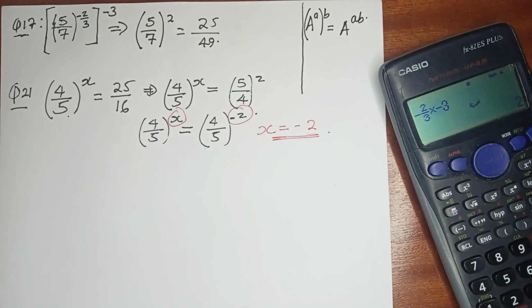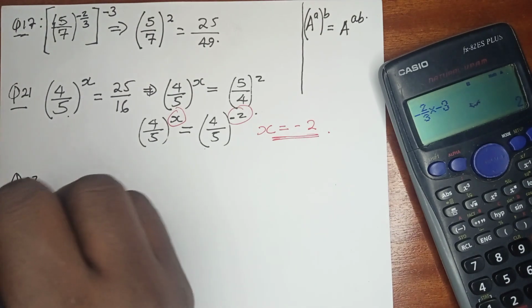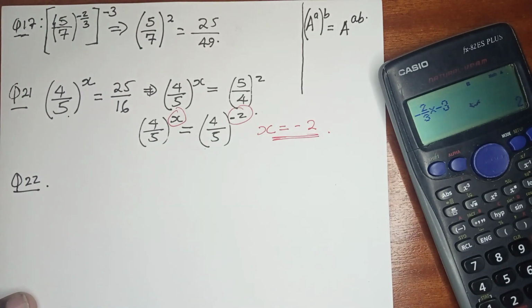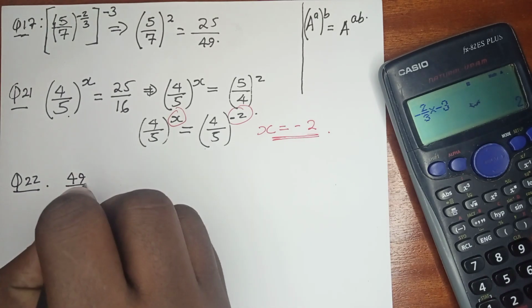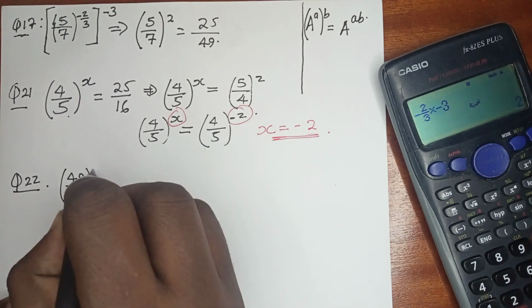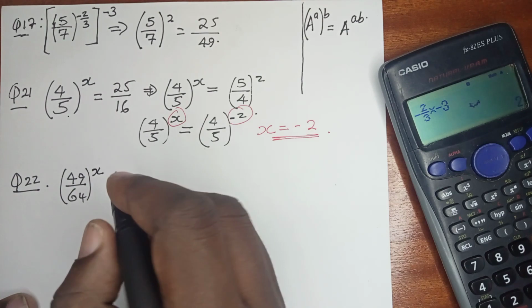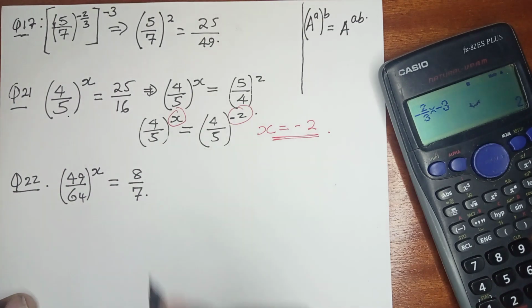Let's now go to question number 22. Question number 22 is asking us 49 all over 64 raised to power x is equals to 8 all over 7.